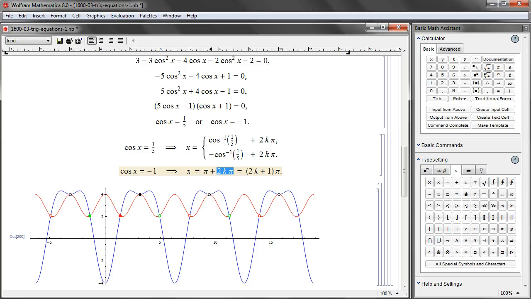By the way, here's a graph. The solid red and solid green dots are, as usual, arc cosine, which is solid red, and then negative of that, solid green. And then solid black is x equals pi.